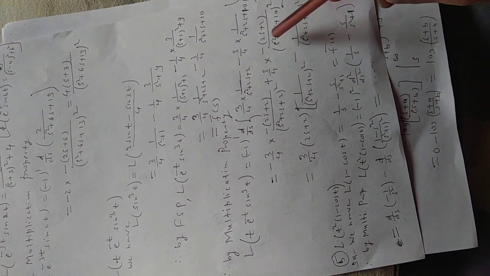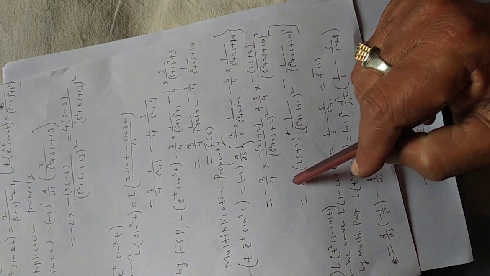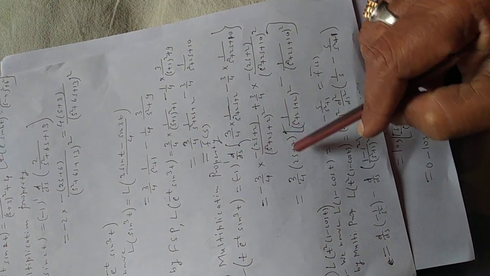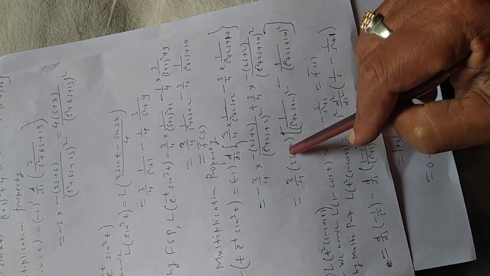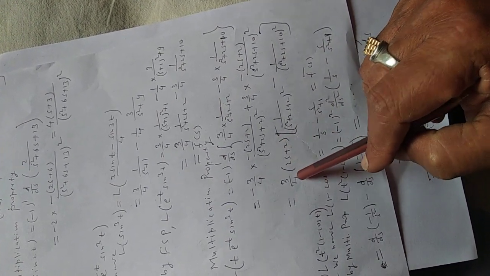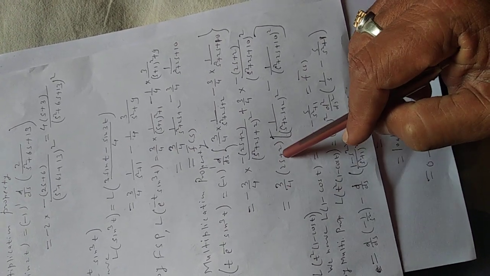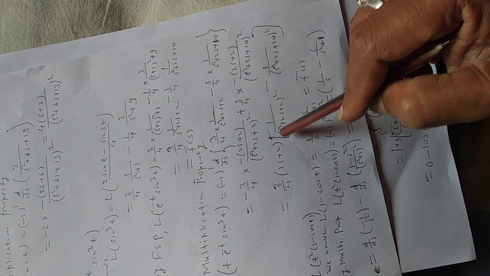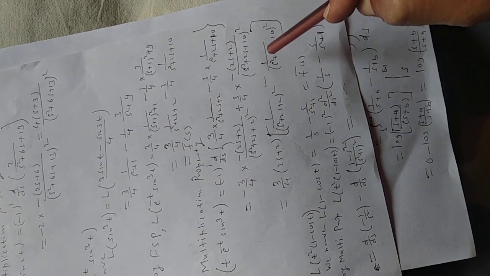And how to find the derivative you understood, and the final answer is 3 by 4 into 2s plus 2. 2 again one can take common, and here write s plus 1 and here write 2. 2 by 4, that is 1 by 2. So 3 by 4, or otherwise like this also, 2s plus 2 into 1 upon s square plus 2s plus 2 bracket square minus 1 upon s square plus 2s plus 10 bracket square.